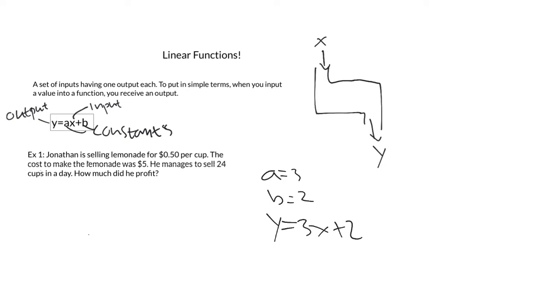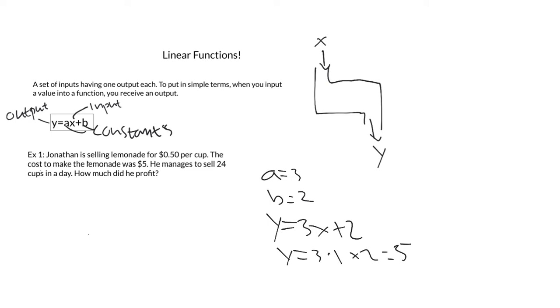So if you input a value of x, say 1, you're going to get y equals 3 times 1 plus 2, which is obviously going to be equal to 5. So that's pretty much it for how the linear function works.